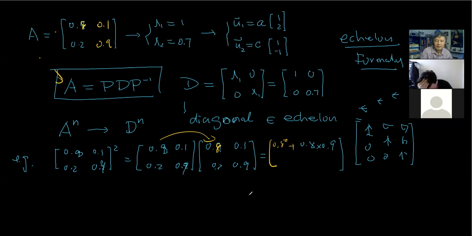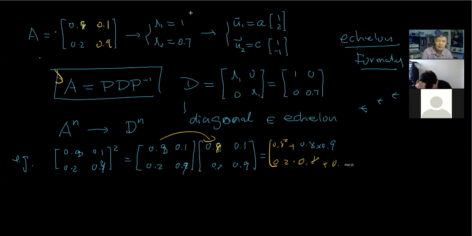Oh, this calculation gets quite involved. And then this one is going to be 0.2 times 0.8 plus 0.9 times 0.2.